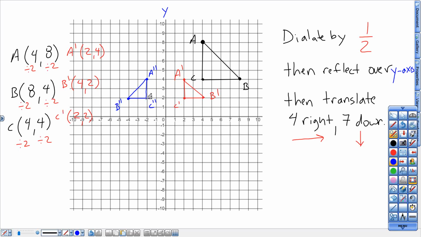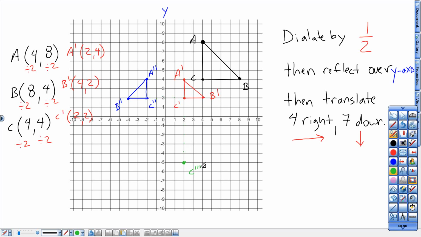Then what I want you to do is take that and move it 4 right and 7 down. I'm going to move the whole triangle 4 right, 7 down. Start with C. 1, 2, 3, 4 to the right, 7 down. 1, 2, 3, 4, 5, 6, 7. Right here is going to be the new C. C triple prime.